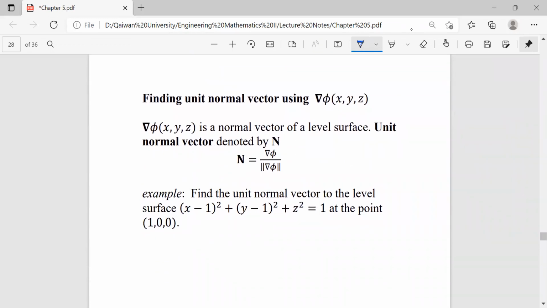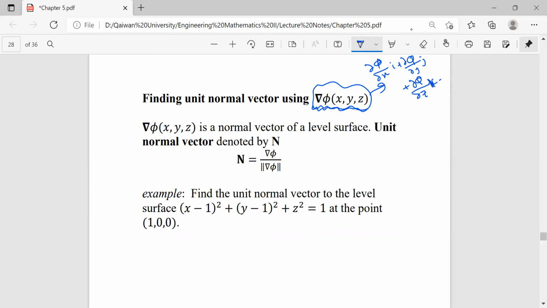Now we talk about finding the unit normal vector by using the gradient of a scalar field. You should know how to find the gradient of a scalar field. Here it equals partial phi by partial x times i plus partial phi by partial y times j plus partial phi by partial z times k.